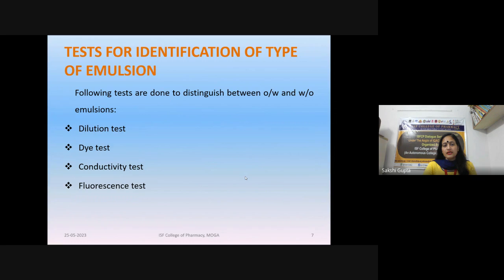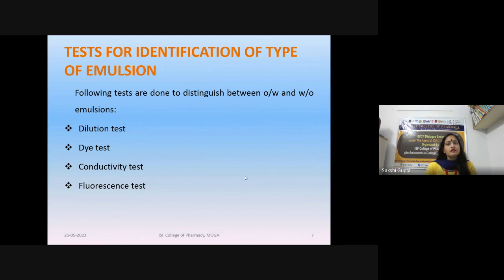In the dilution test, as the name indicates, we first dilute our prepared emulsion with water. If the preparation is oil in water type, then it will remain stable upon the addition of water, right? Because water is acting as the continuous phase, and upon addition of water there will be no disturbance.